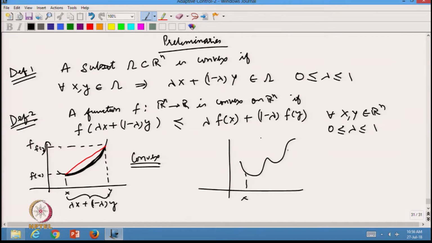So we say that this function is a convex function, whereas if you look at a function like this, and this is x and this is y, and if we try and join the line between these 2 points, okay, let me try and do this again.